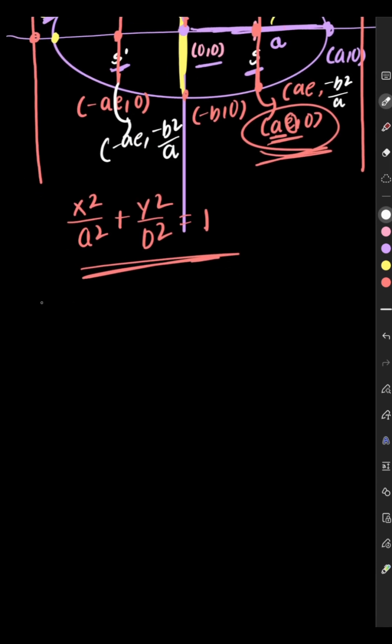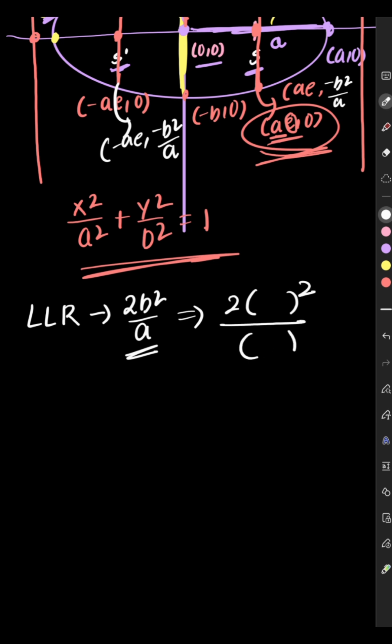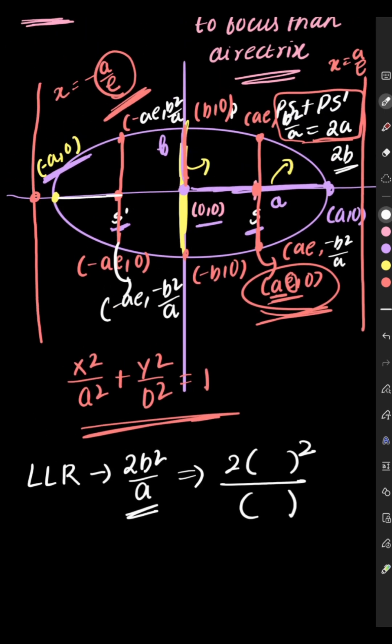From this you can understand that the length of the latus rectum is 2b square upon a for a horizontal ellipse. So the way I remember it is 2 into whichever length is the smallest, between a or b, square that upon which is the bigger number. 2a is called the length of the major axis, 2b is called the length of the minor axis.